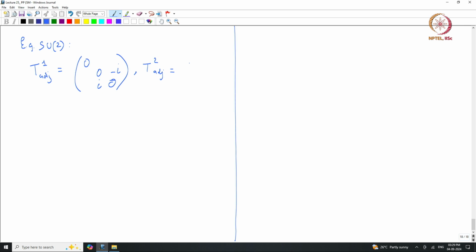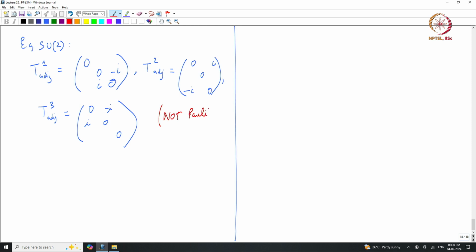So here I have a 0, 0, 0 again, an i here, minus i here. And the third generator here would look like this. This is not like the Pauli matrix anymore, right? You can see there's a clear difference between how we write these generators and the fundamental representation generators, correct?